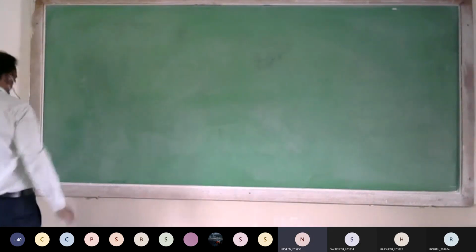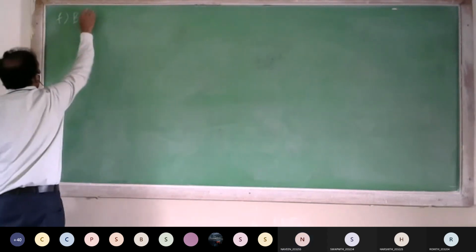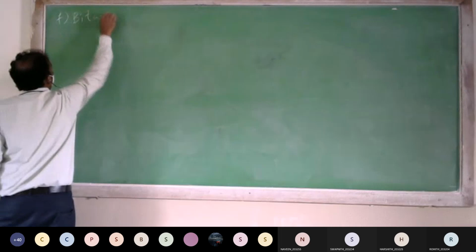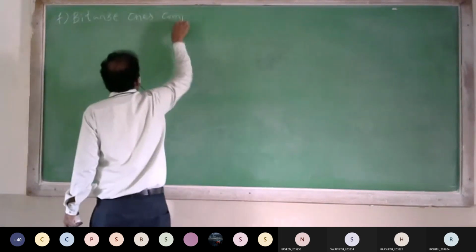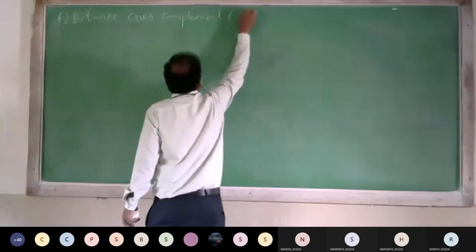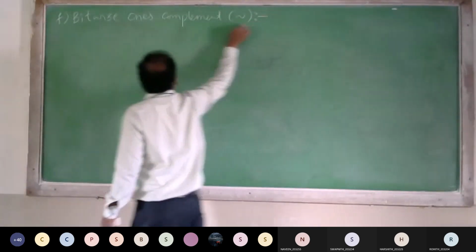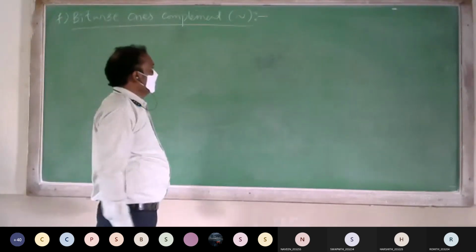Now what is the next operator? Bitwise 1's complement. It is written like this. Bitwise 1's complement.